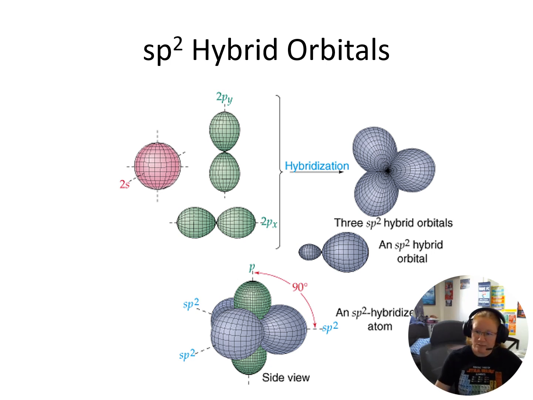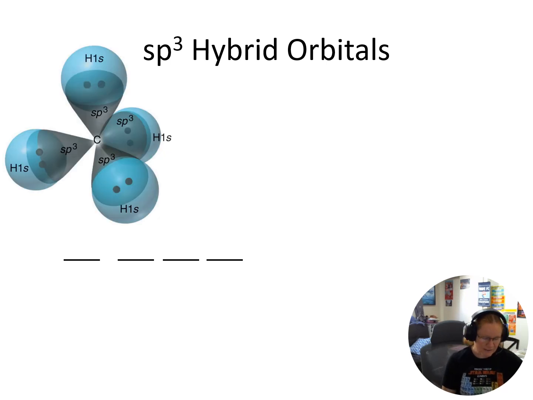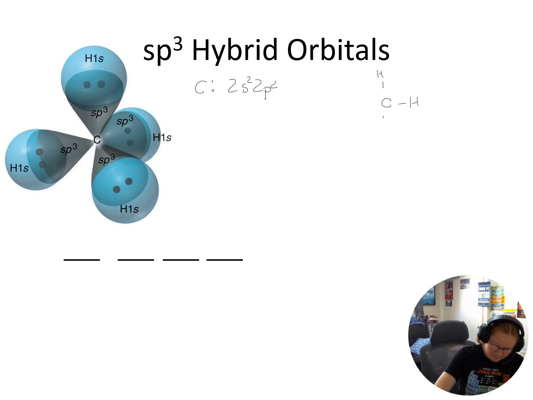All right, now let's go back to sp3 and our methane. Again, carbon, valence 2s2, 2p2. For methane, we get this. And geometrically, we get this.